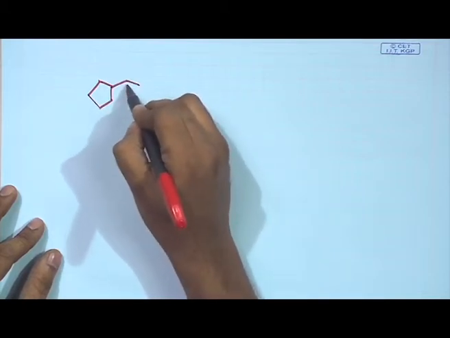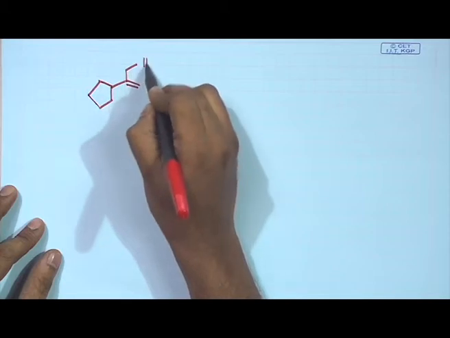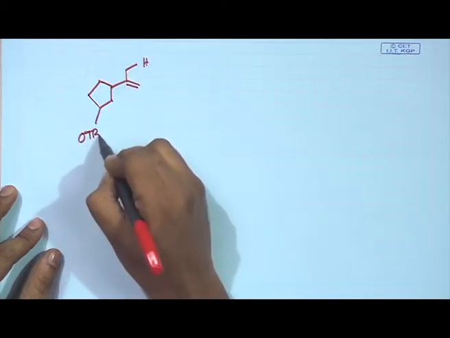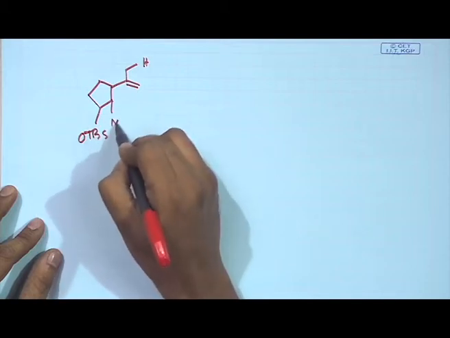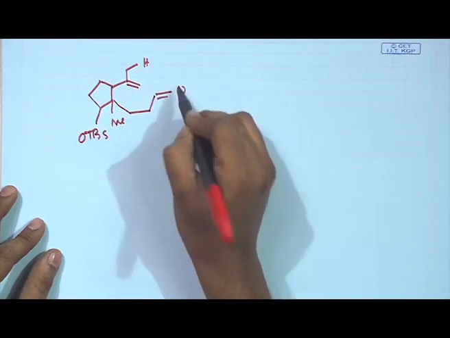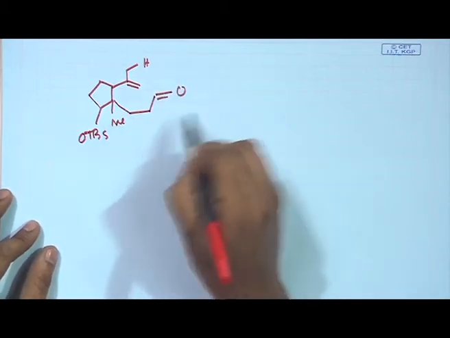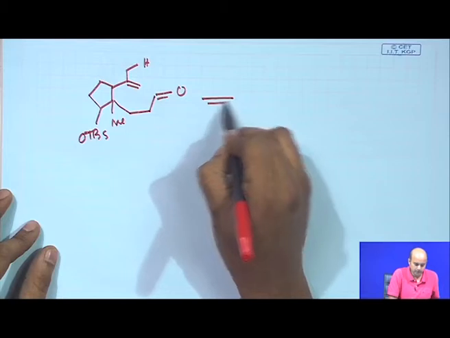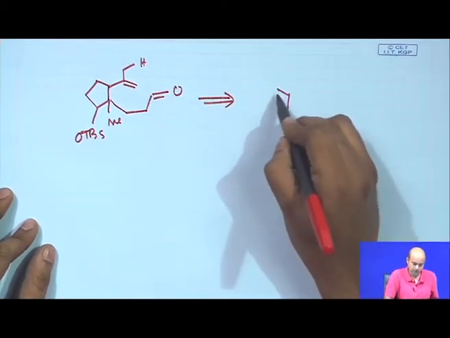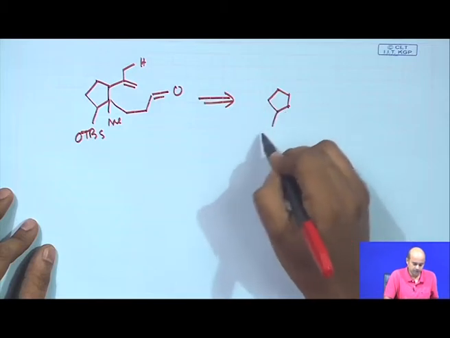We said we will be having an ene kind of reaction if you have this particular substrate. We will draw the structure in this way. Okay. Now we will simply do a functional group manipulation or functional group interconversion.